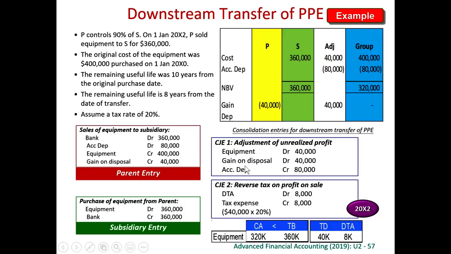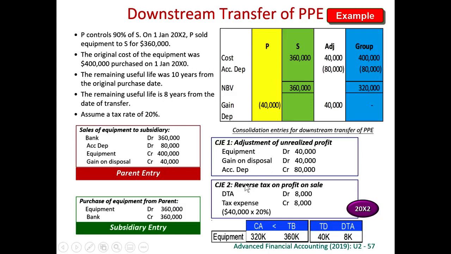One further complication is, this is a consolidation adjustment. In the financial statement of the parent, this gain on sales is really a gain on sales. So tax will be charged if it is chargeable to tax.